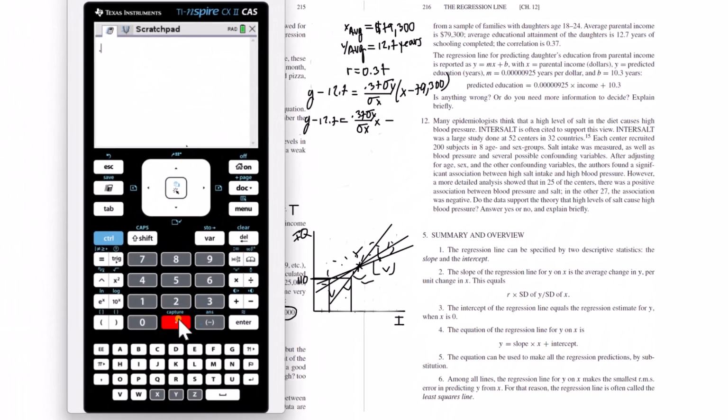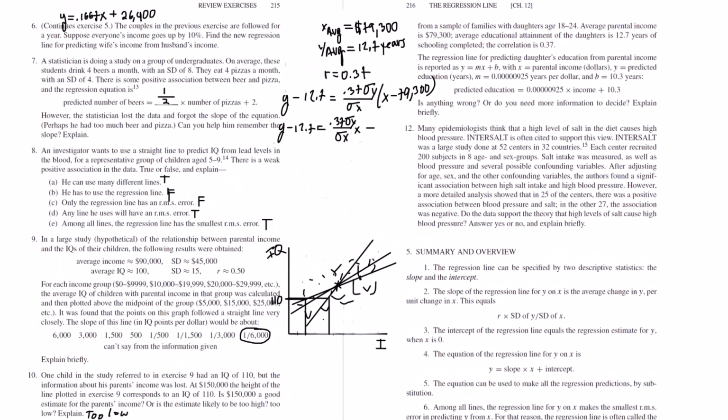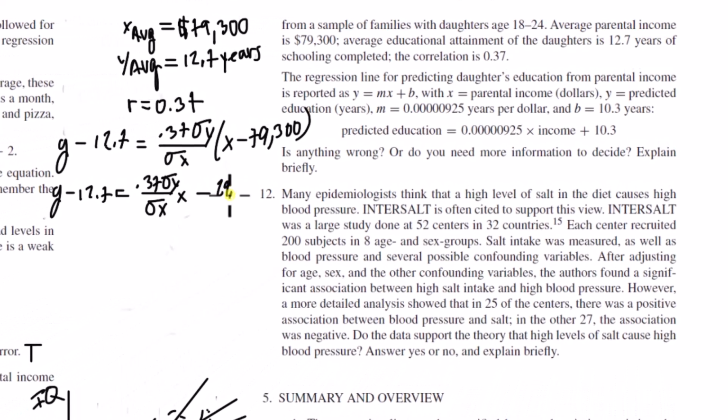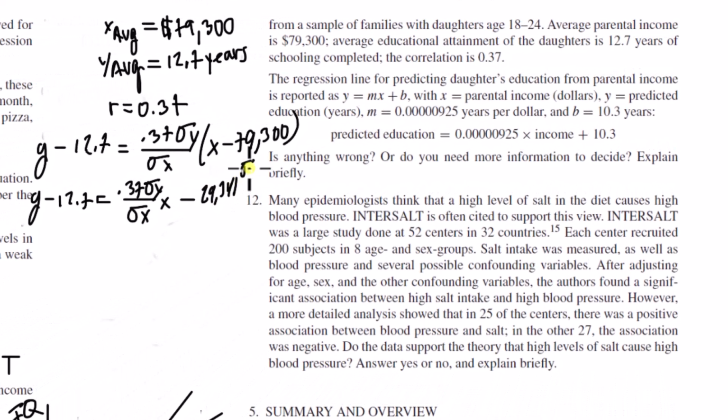let's see, 0.37 times 79,300, 29,341, 29,341 sigma y over sigma x. So we've got y is equal to 0.37 sigma y over sigma x times x.